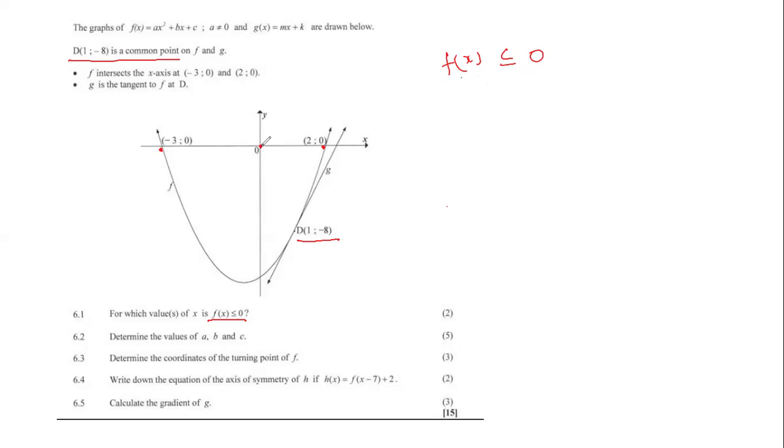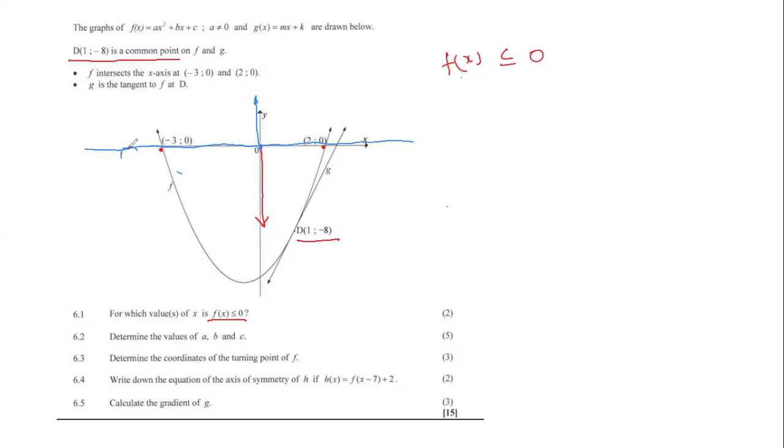From here going down, the graph is negative. But from the same point going up, the graph is positive. So they're asking where the graph is below this line. You can see the line I've drawn going down.